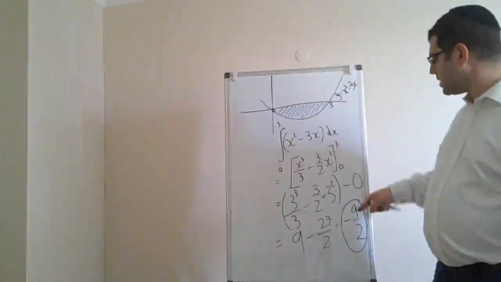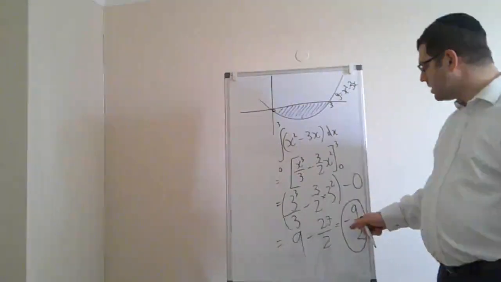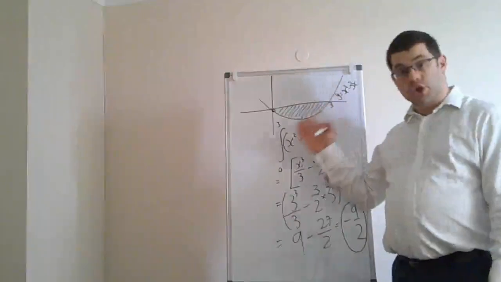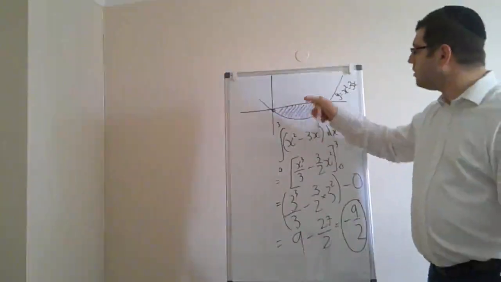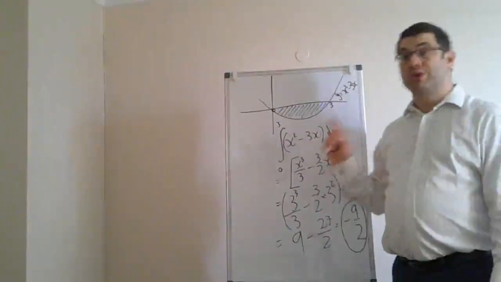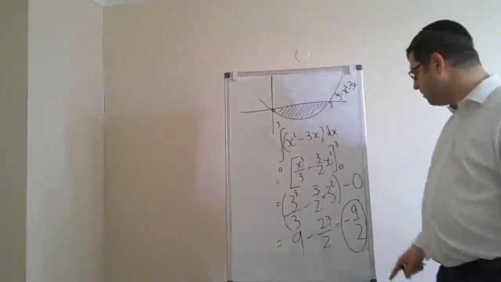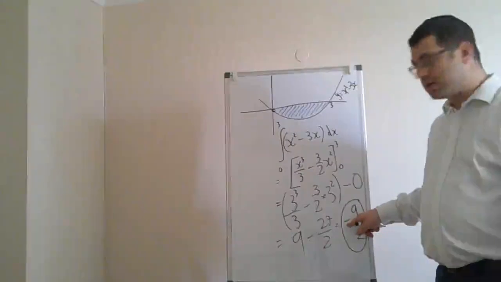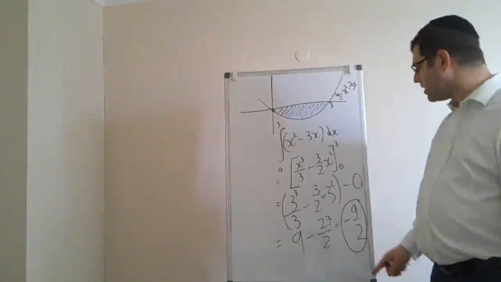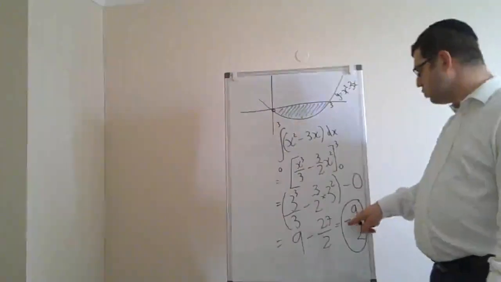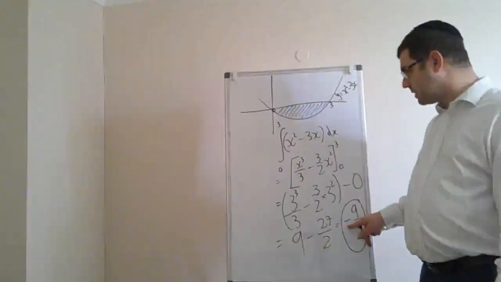What the negative result means is as follows. It means that the area that you are concerned with is below the x-axis. If the area is below the x-axis, the integration will tell you as much. It will tell you by giving you this minus. So that minus doesn't mean that the area is negative. It means that you've got an area of 9 over 2 below the x-axis.